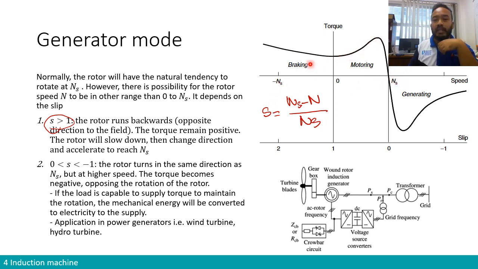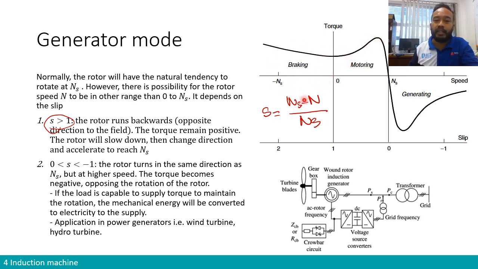So there is always torque that will bring the speed back onto the positive direction. That's why we call this operating mode, when you have s larger than 1, braking operation. You can brake a shaft by using an induction machine, by applying a rotating magnetic field in the opposite direction.